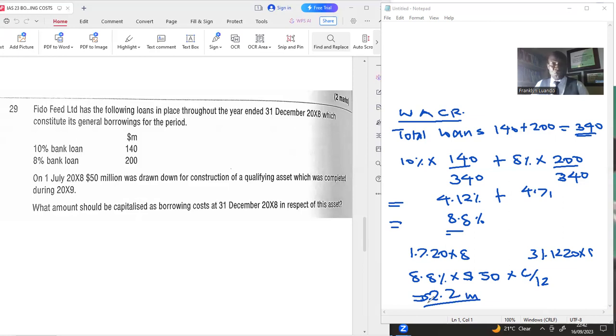We are going to demonstrate how that is done. It is very important to ensure that you look out for the notifications and be able to follow the concepts. We shall also look at a full-fledged question on borrowing costs. Therefore, ensure that you are on the lookout for the notifications.